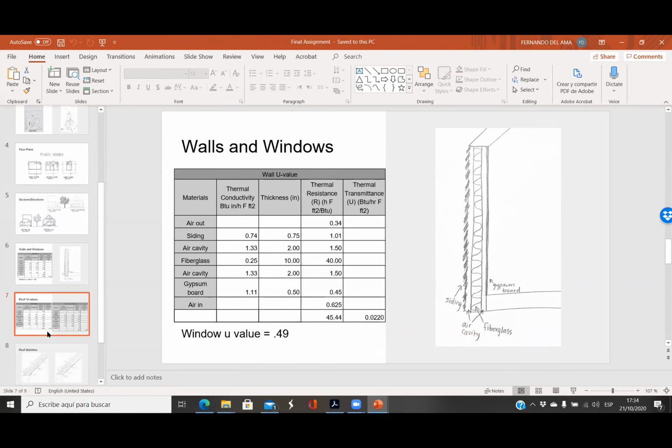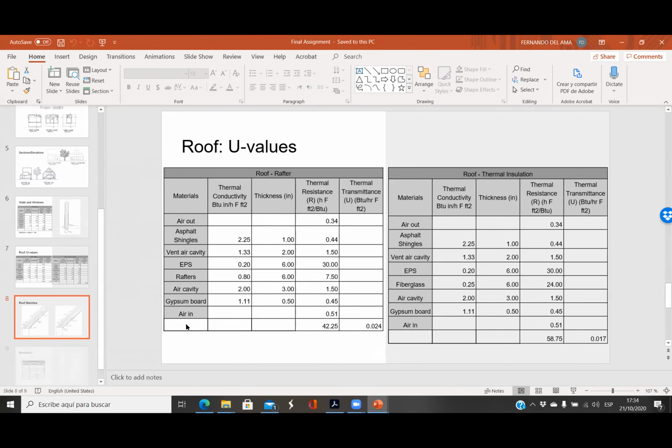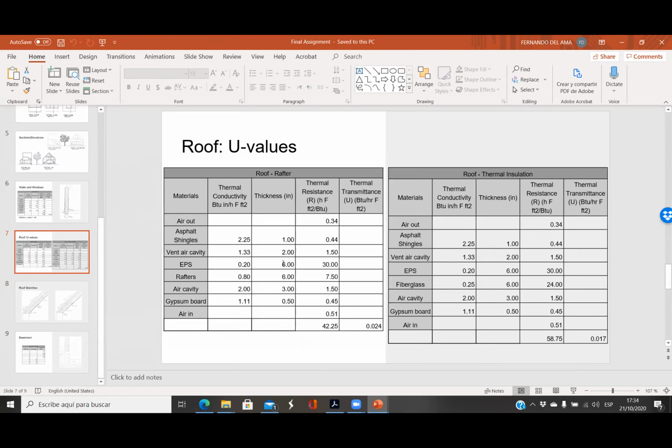Okay, so that's fine. And then for the U value, what have you done? EPS, 6 inches and 6 inches of rafters. Okay, so again, for the first option, try to do this with 2 inches of EPS. And for the second option, try to do it with 6.